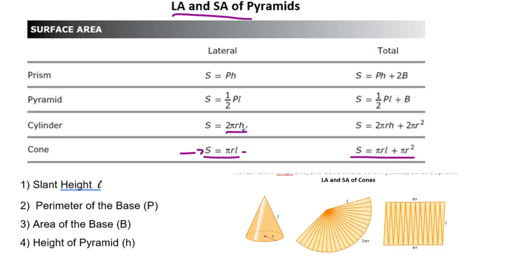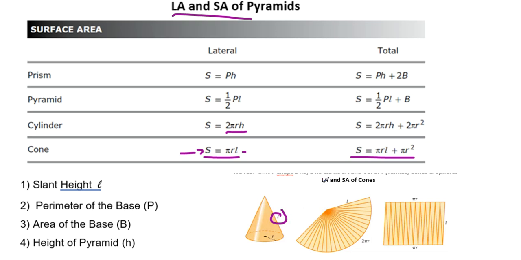So all we do is divide by 2. Pi RL. Now this H is the height. This L is my lateral height, so it's going to be this length. So pi, and then R, and then times L gives me my lateral height.